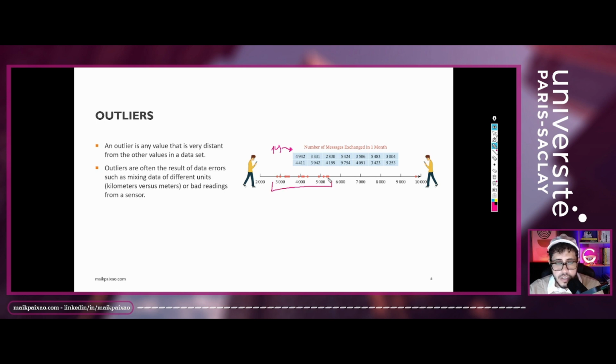So here is where most of our data is located, and as you can see, 13 data points are located here, but 1 out of 14 is located here near the 10,000 messages exchanged. That would suggest that this value is an outlier, because it's very distant from the other values in our data set. And that's only the first analysis that we do.